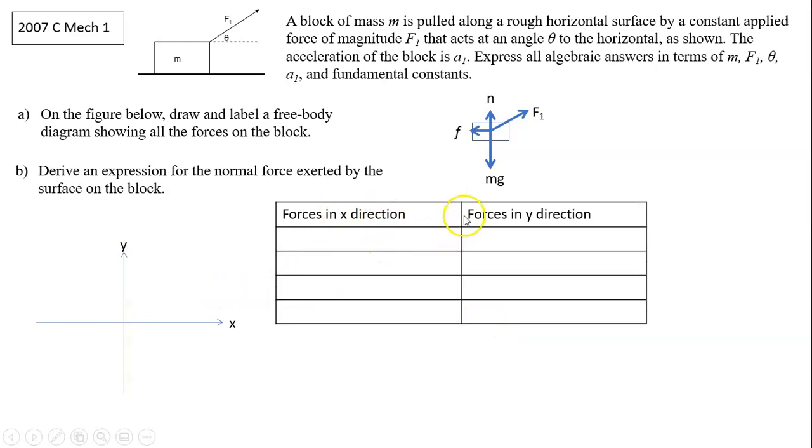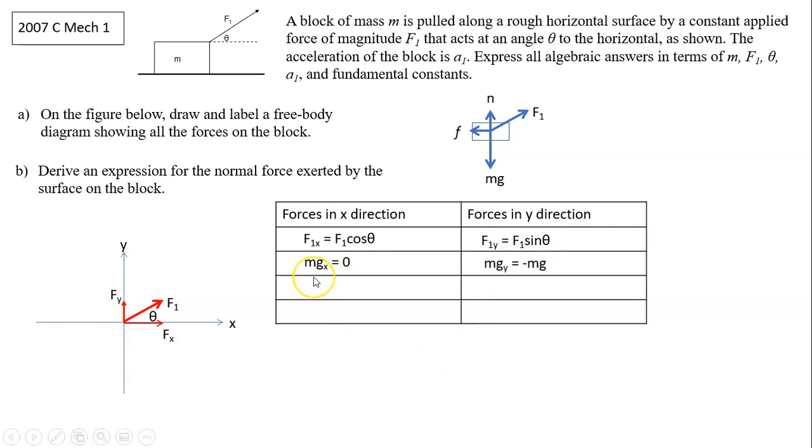So here are the force in the x direction and the force in the y direction. From the diagram, F1x equals F1 cosine theta, because F1x is adjacent to theta, and F1y equals F1 sine theta.